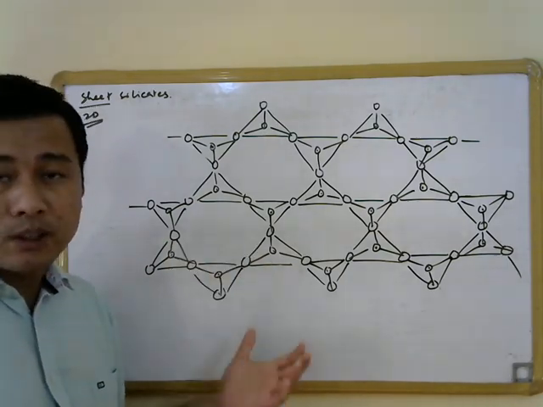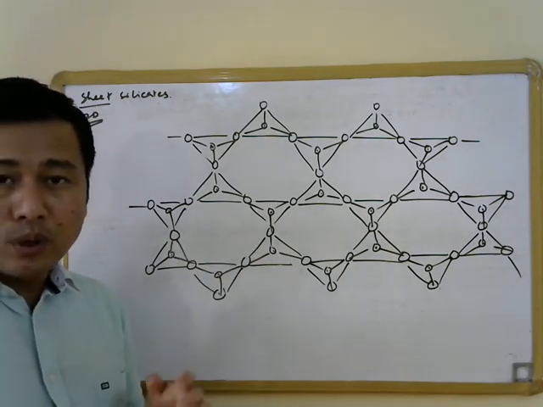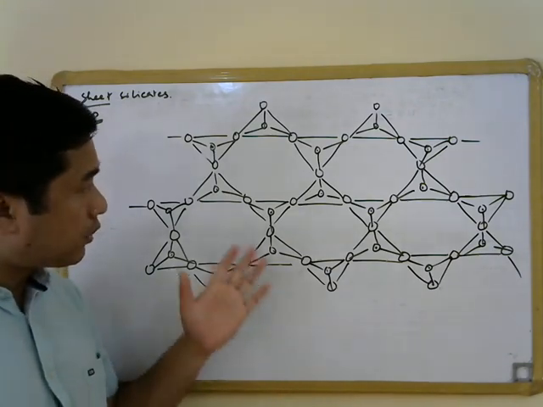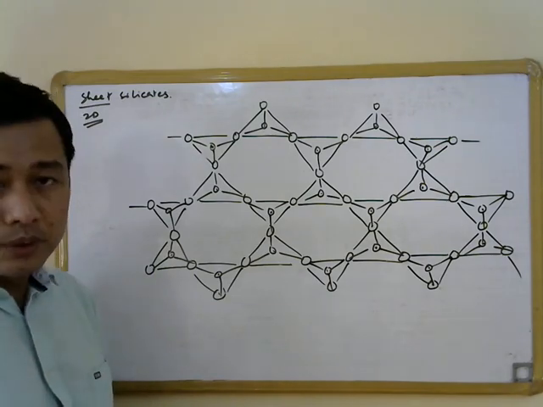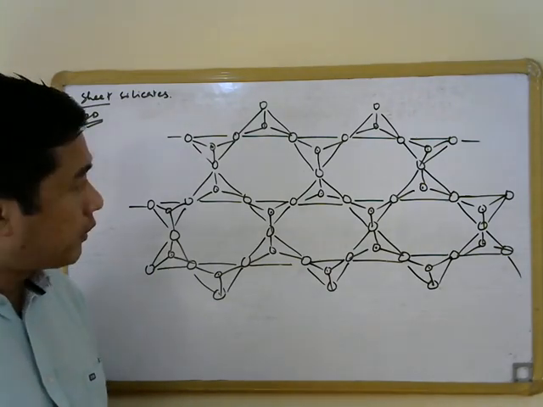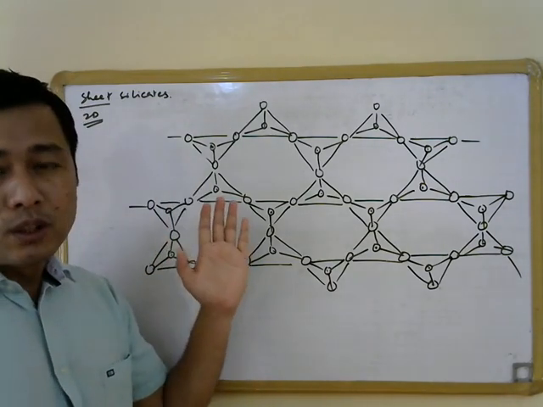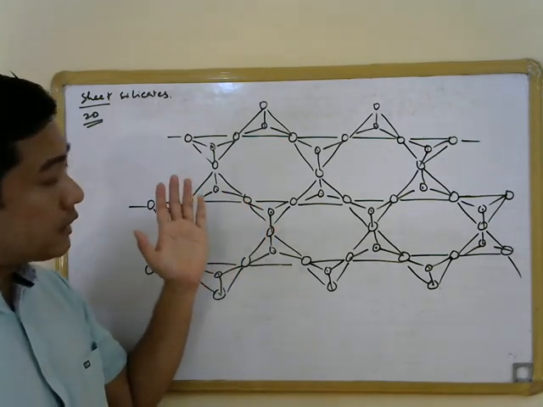But such silicate minerals with only one single sheet of silicate are essentially quite rare. What generally are common are those where more than one sheet is present, stacked one over the other.